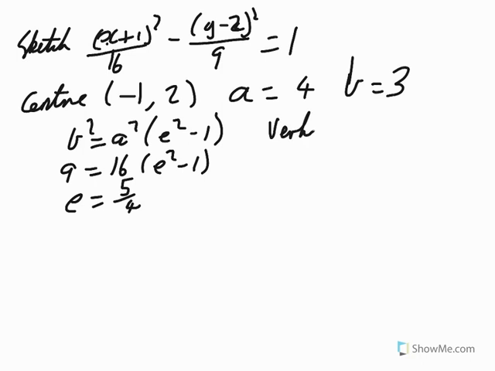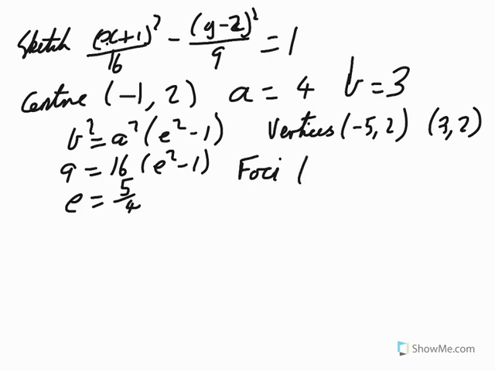So my vertices are negative 5, 2 and 3, 2. So we take those translations into account. Our foci, alright, they're ae plus h, so when we do that we end up at 4, 2 and negative 6, 2.